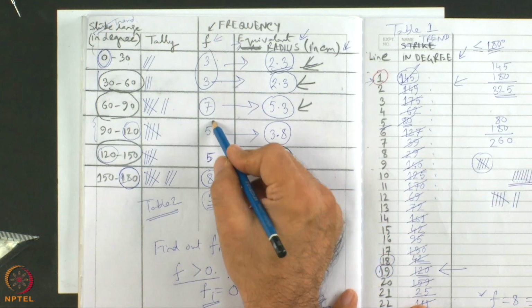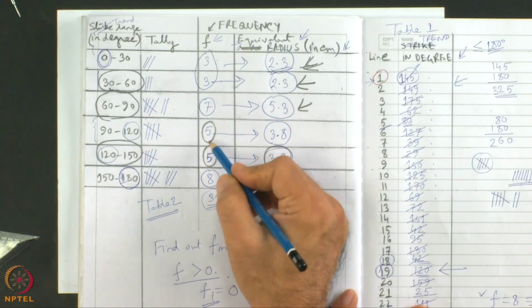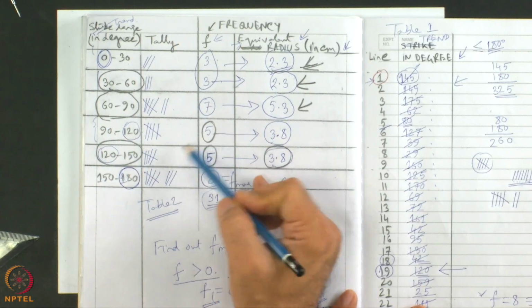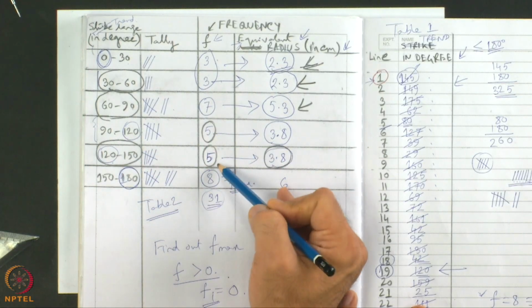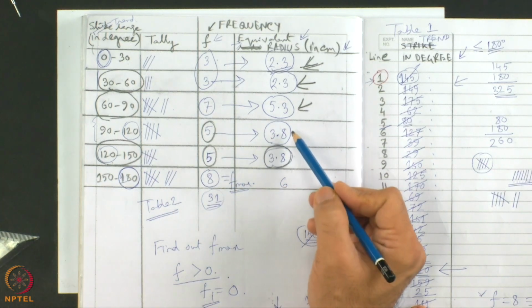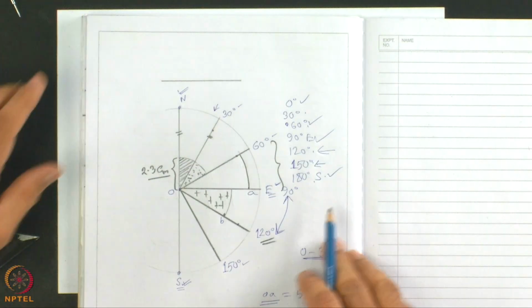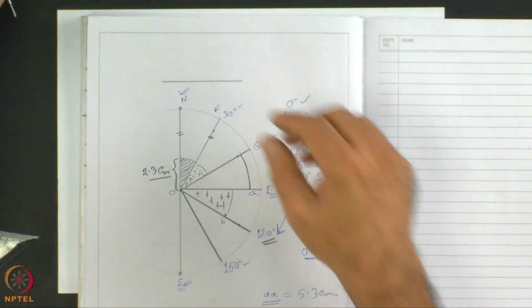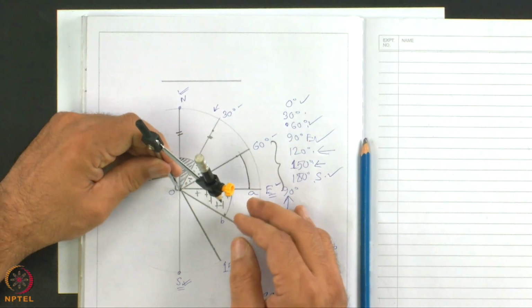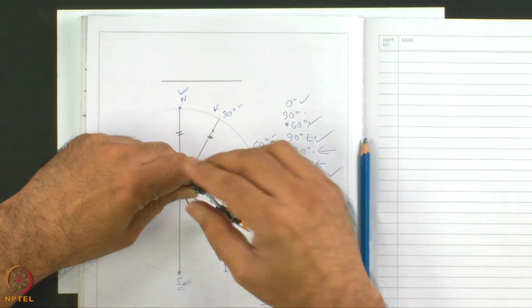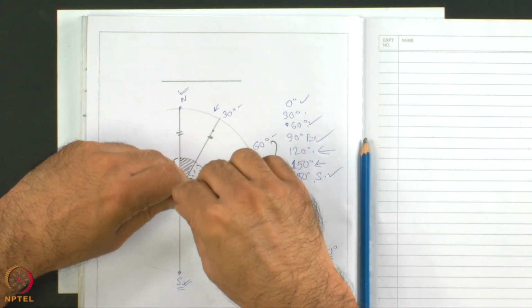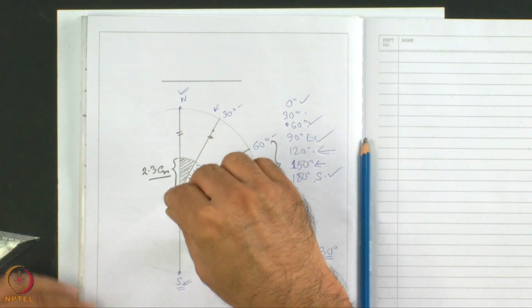Why? Because we see f or frequency was 5 for both 90 to 120 range and 120 to 150 range. So, effectively the equivalent radius is also the same, which is 3.8 centimeter. So, I will take OB as the radius and extend the circular arc.